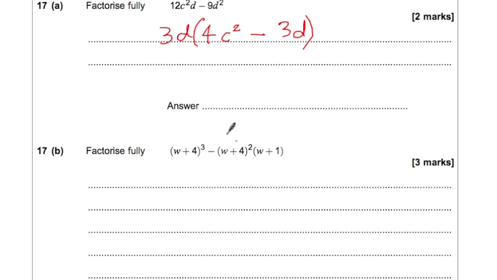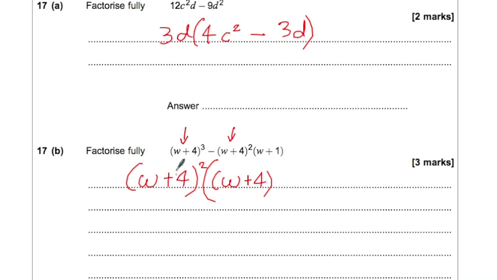Right, good. Factorise fully. Now, you might be tempted to expand all this out, but it's actually going to make your life much more difficult because you'll end up with a cubic. If you look, this is w plus 4 cubed, and here we've got w plus 4 squared. So we can factorise out a w plus 4 squared, and then think, well, what would go in our brackets? What do we times w plus 4 squared by to get w plus 4 cubed? We'd have to times it by w plus 4.